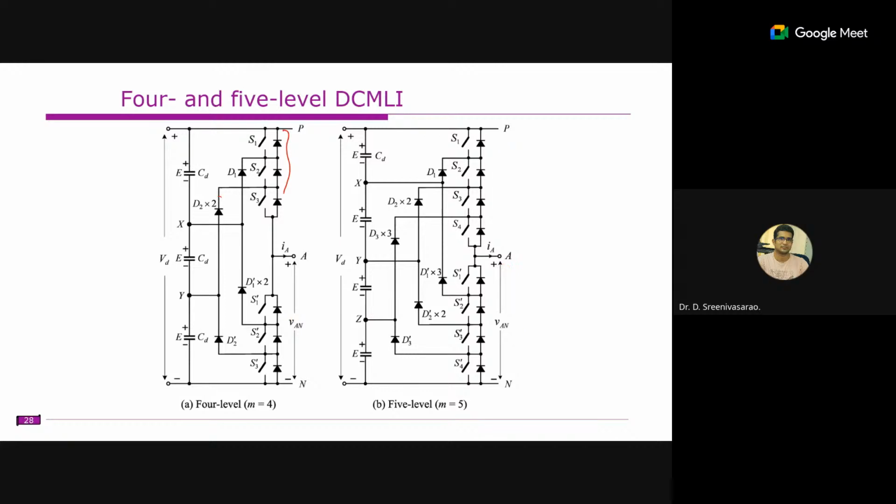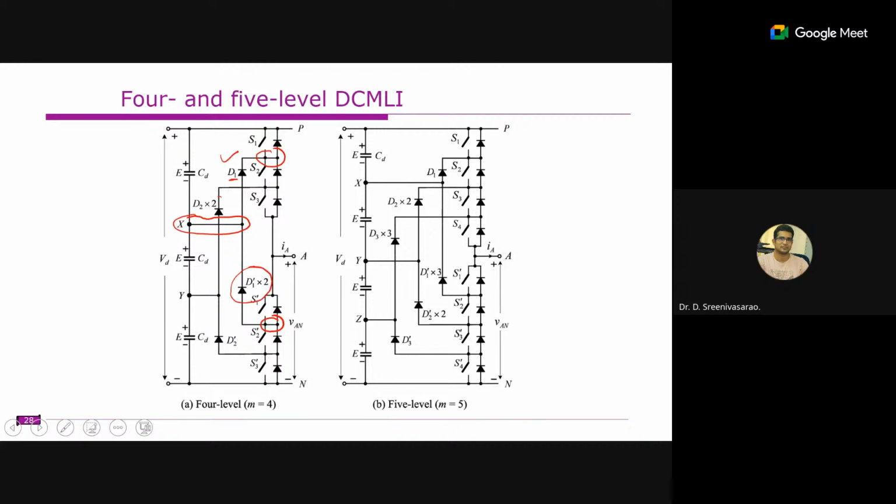And these clamping diodes usually have different ratings. For example, this point X is connected between these two points. This DZ1 is connected between these 2 points. If you see here, D1 is written, so this is D1 dash into 2.